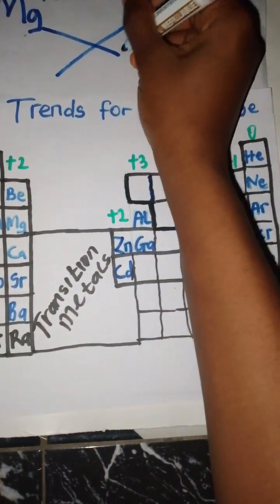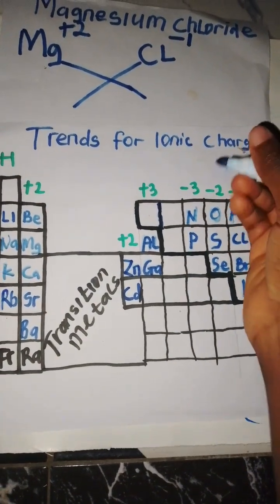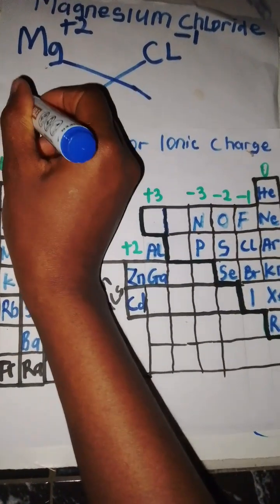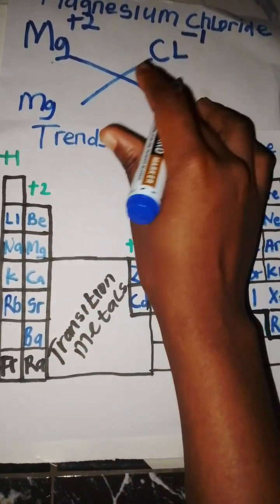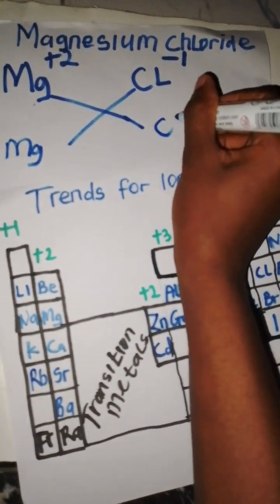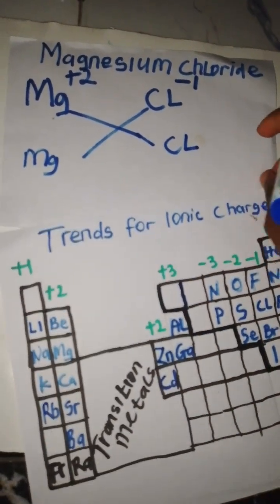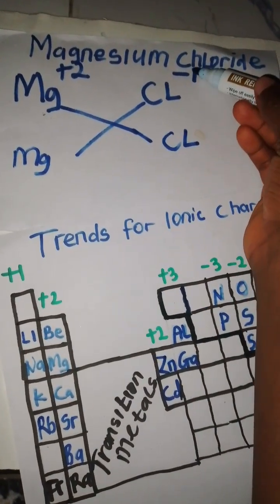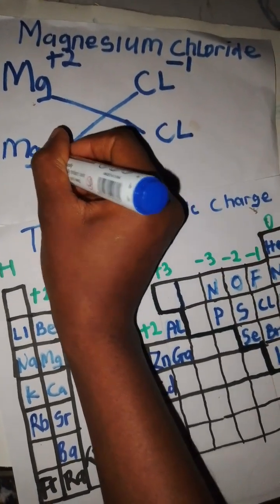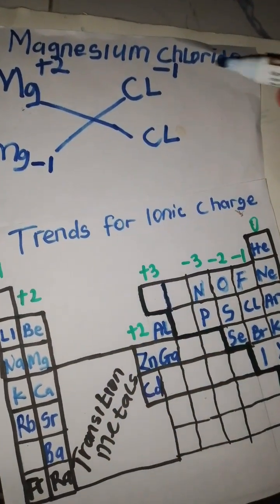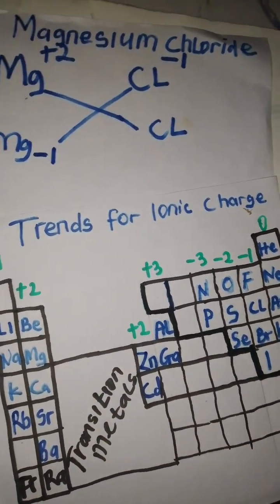Then the third step says we should crisscross. This is what I mean by that. We have our magnesium and our chlorine. Our -1 is coming to this side, and our +2 is coming to this place.